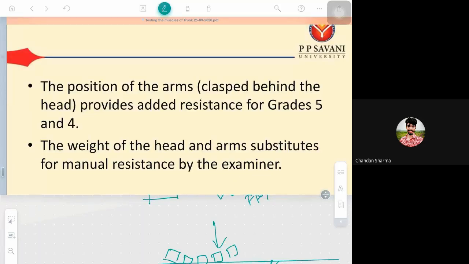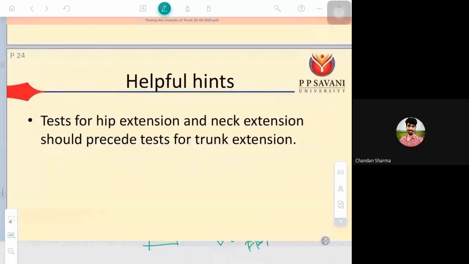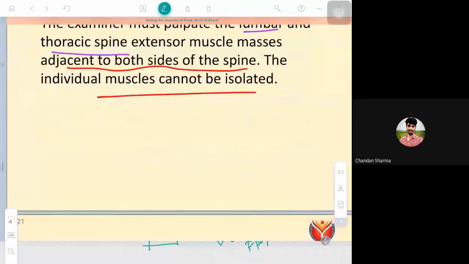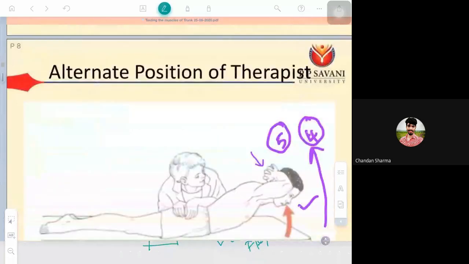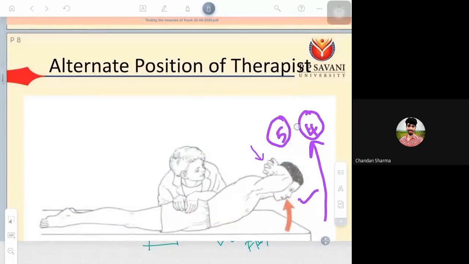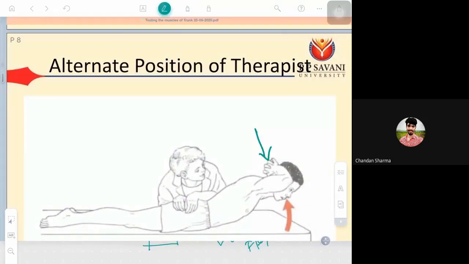Okay. Why are you keeping the hands behind the head in grade 5 and grade 4? Now, in the beginning we have discussed, in 5 and 4, the hand is placed behind the head to test 5 and 4.